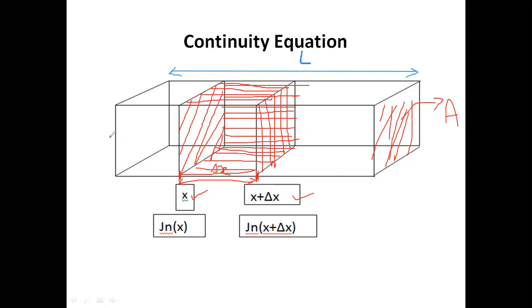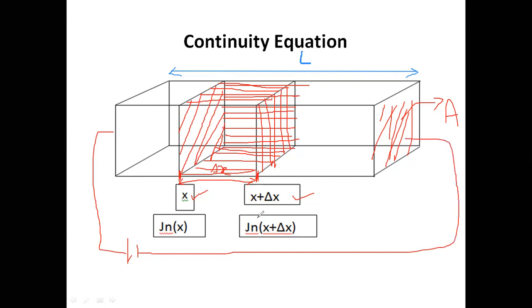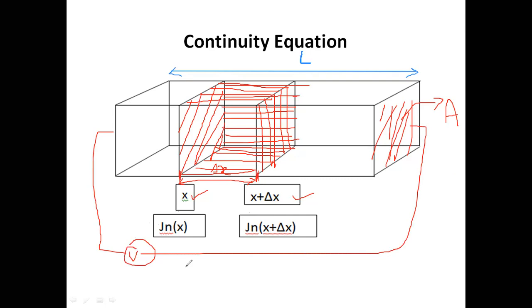Here I am applying some external energy. Let us suppose I am applying some voltage here, so that charge carriers will move. I don't show which one is positive or negative.